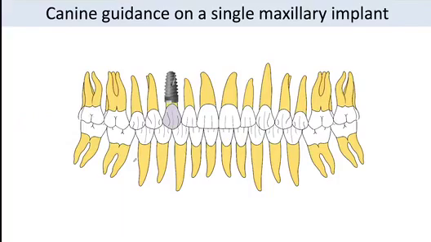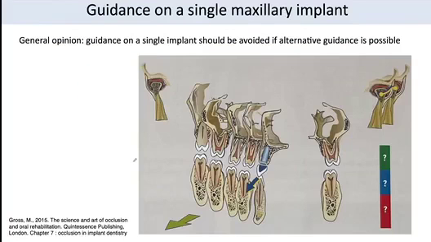Okay. If it is a single canine, maxillary canine, the general rule is guidance on the single implant should be avoided if alternative guidance is possible. This is from Martin Gross.